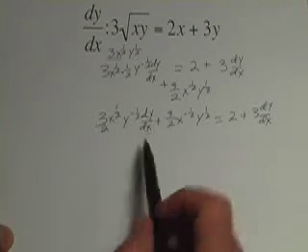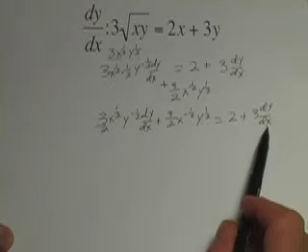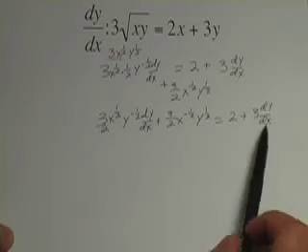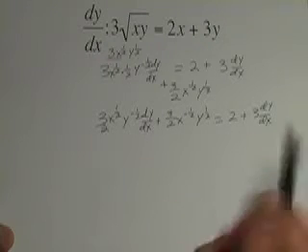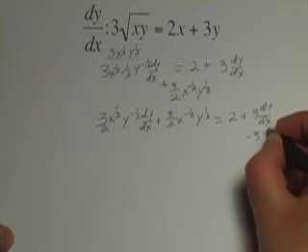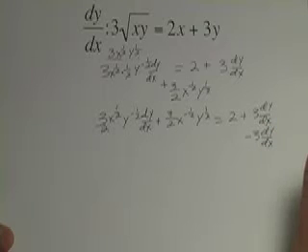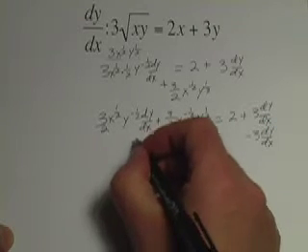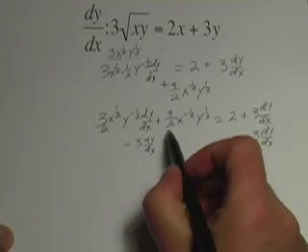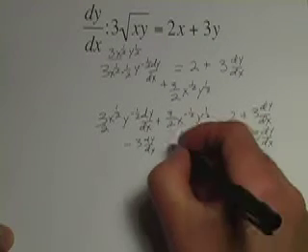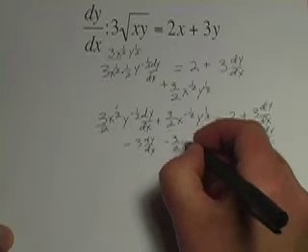The next step: some of these terms have the dy by dx and some of them don't. We need to get all the dy by dx terms on the same side and all the other ones on the other side. So I'm going to subtract 3 dy by dx from both sides to bring it over to the left. And then I'm also going to subtract this whole thing from both sides to move it over to the right.